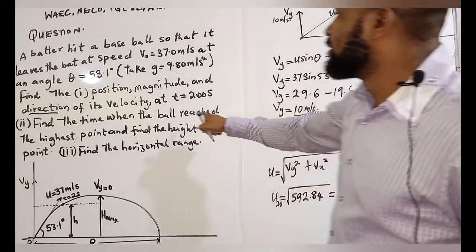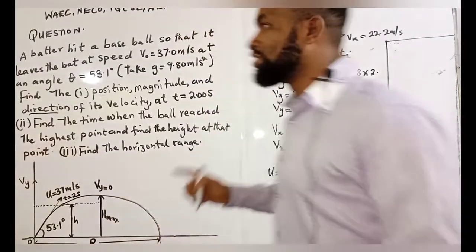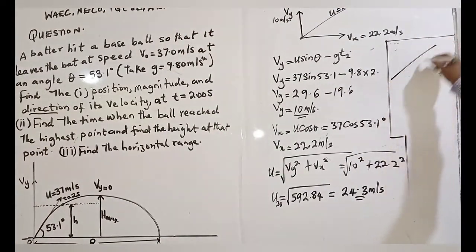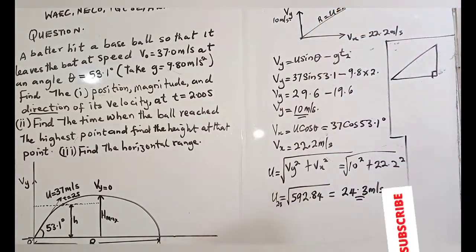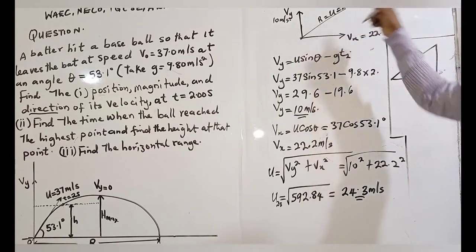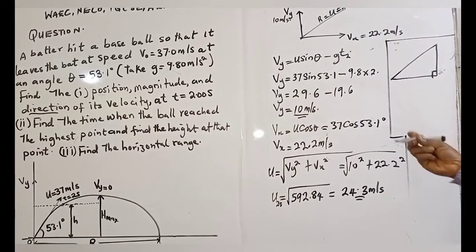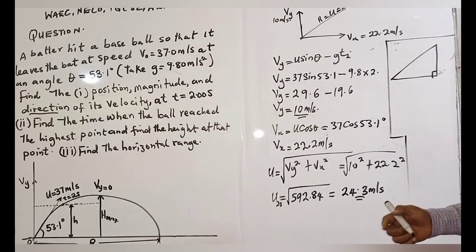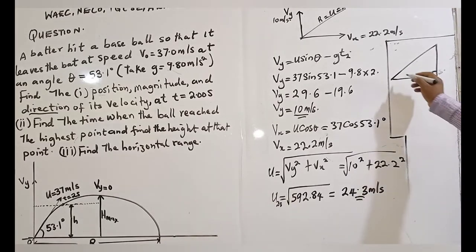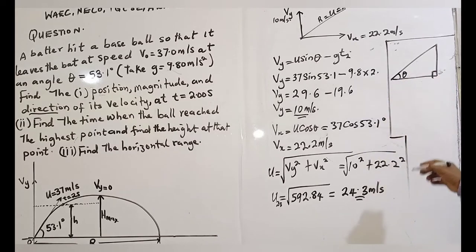The direction means, that is why I told you that this is the resultant velocity. And you are going to treat it as the resultant velocity according to the principle of the parallelogram law of vectors. Go and learn the parallelogram law of vectors. So in that case, this is the angle theta, which I don't know.